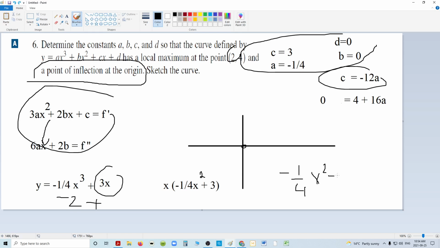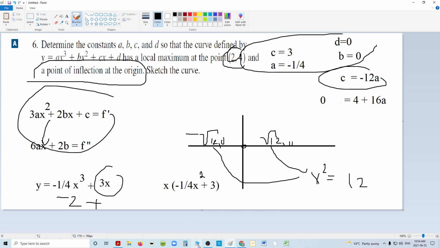So negative a quarter x squared is equal to negative 3, and when I multiply by minus 4, I get x squared is equal to 12, which tells me that it's going to go through the x-intercept at two other points: square root of 12, comma 0, and negative square root of 12, comma 0. We also know it hits a max point at 2, comma 4.